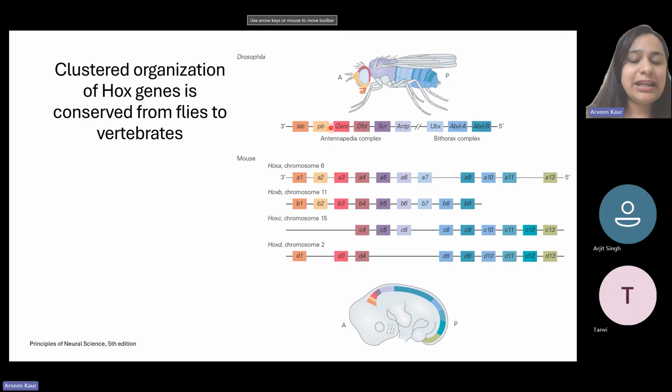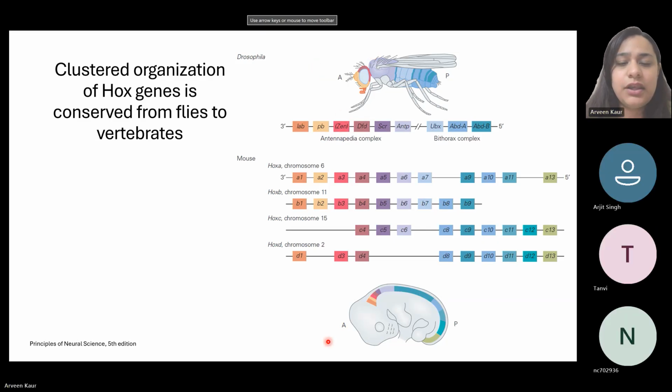Zen is more similar to A3, B3, D3 in mouse, which is why they have been given similar colors. So you can see that these Hox genes are conserved across species, and you can appreciate the pattern of arrangement of these Hox genes.